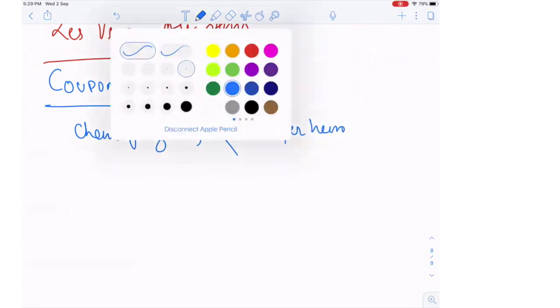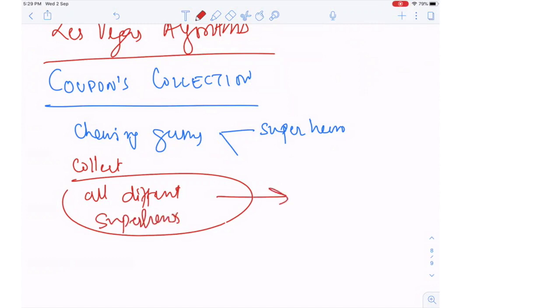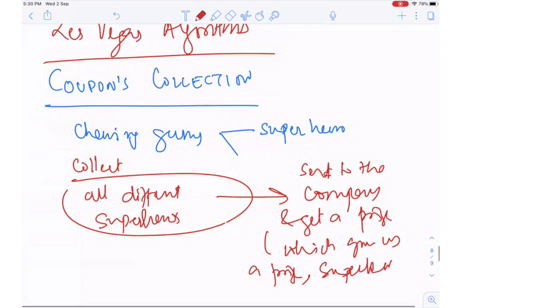And what we used to do is collect all different superheroes, send them to the company, and get a prize, generally a superhero toy, some book or toy.